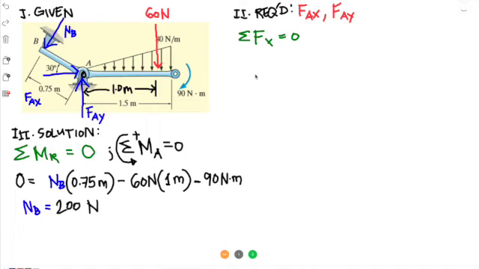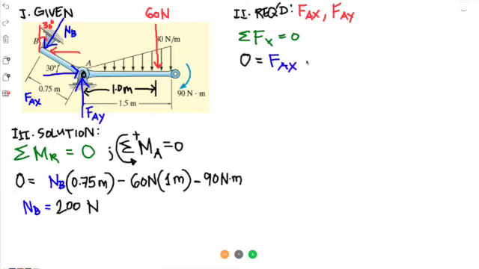We only have two components, so 0 is equal to the positive x, which is FAX, and the negative one is the x component of NB. If this is 30 degrees, this is also 30 degrees right here. That is opposite the 30 degrees, so that's sine.